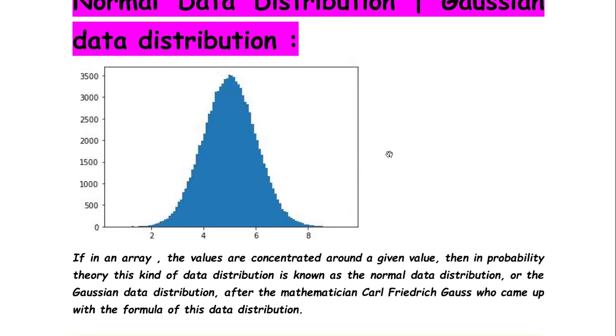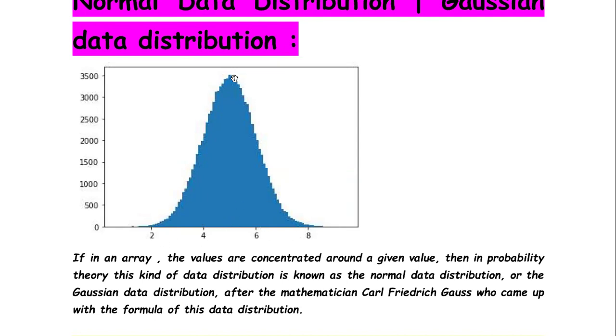First, look at this graph. You can see the x-axis and the y-axis. In the x-axis, the values are 0, 2, 4, 6, 8 with an interval of 2.